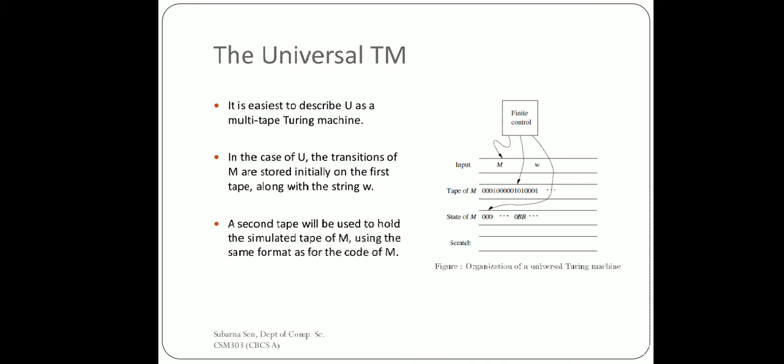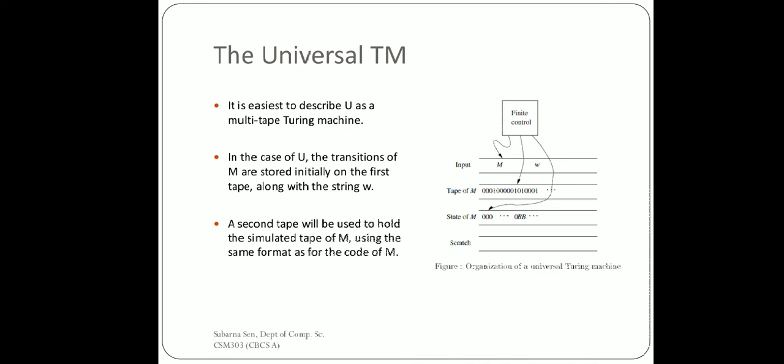And then we will convert it to the form of binary strings, right? So firstly, in the first input tape, we are going to store our transitions of M and along with that the input alphabet, right?